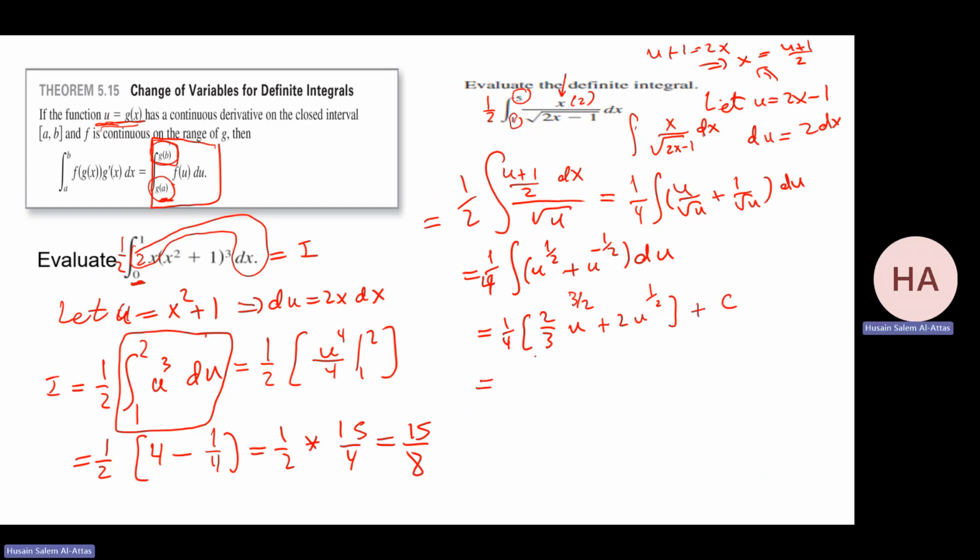That will be what? 1 over 6 u to the power 3 over 2, which is... what is u? u is this one, 2x minus 1, I mean. 2x minus 1 to the power 3 over 2 plus 1 over 2, 2x minus 1 to the power half plus c.